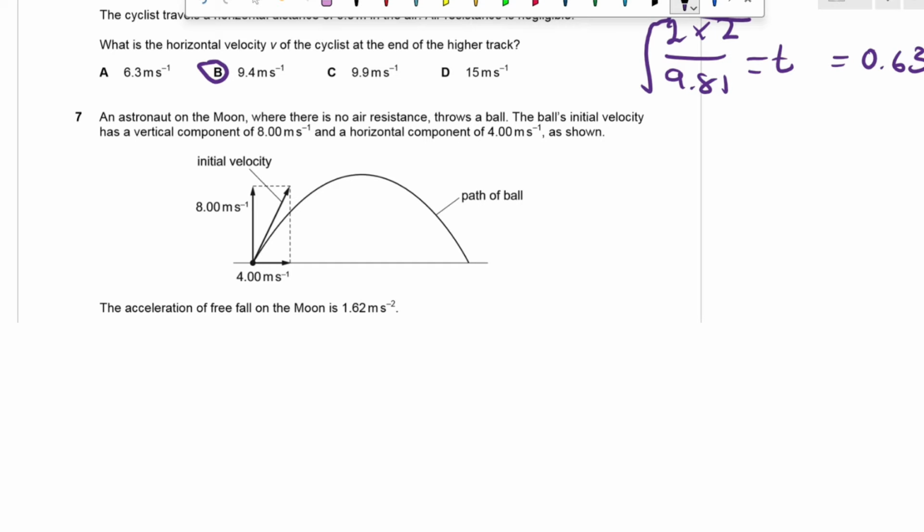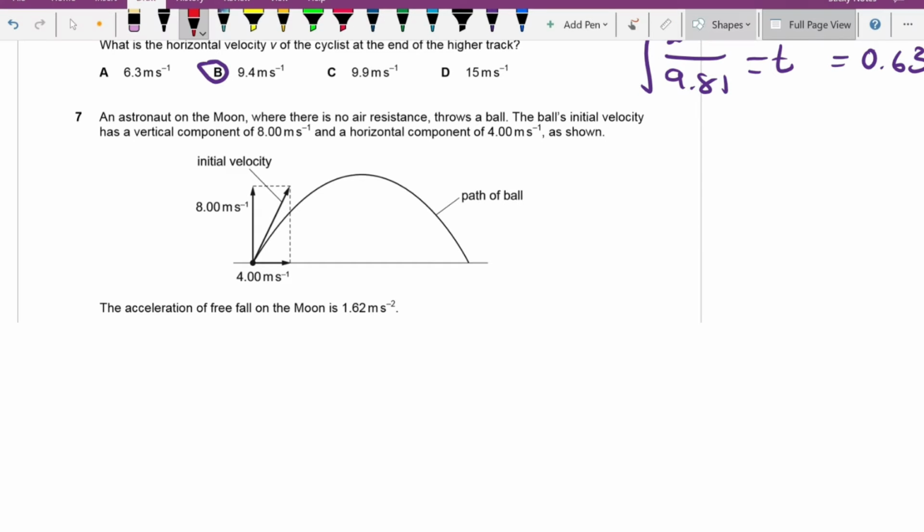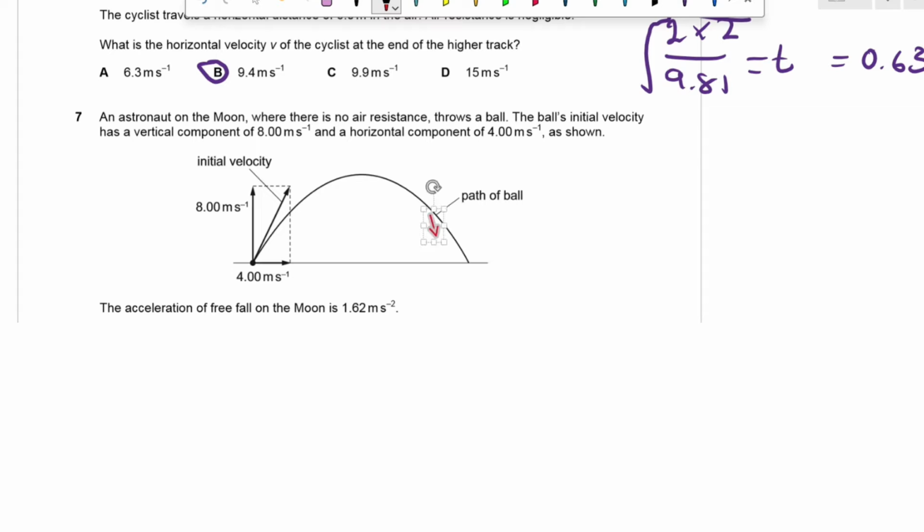So basically, 9 seconds after being thrown, it's going to look like this. We want the velocity that's going to look like this. There's going to be a velocity that will be like this, because the velocity is going to vary. It started like this when we're here, then it started bending and tilting.